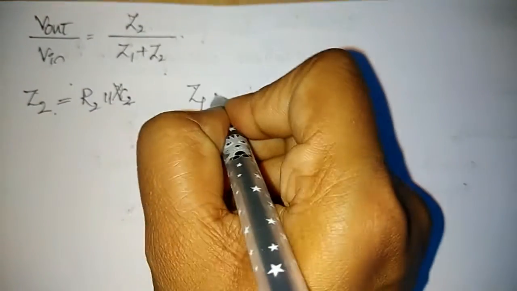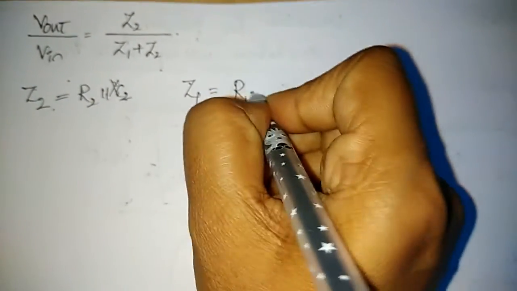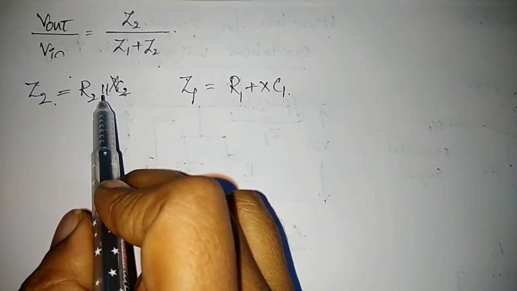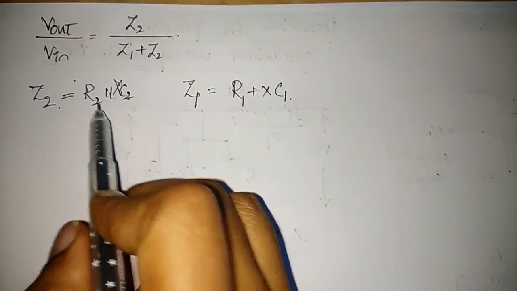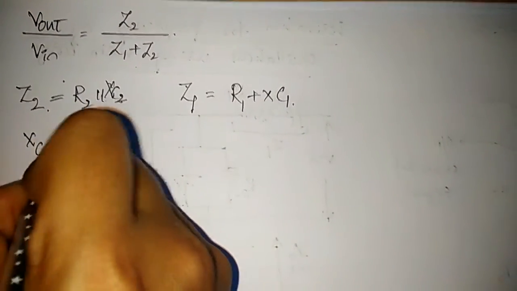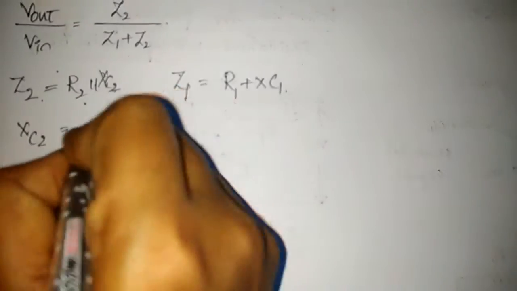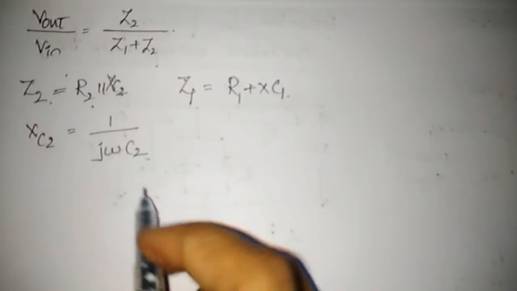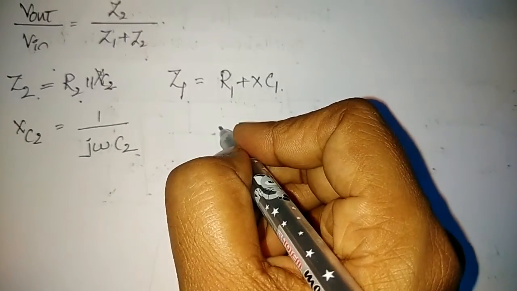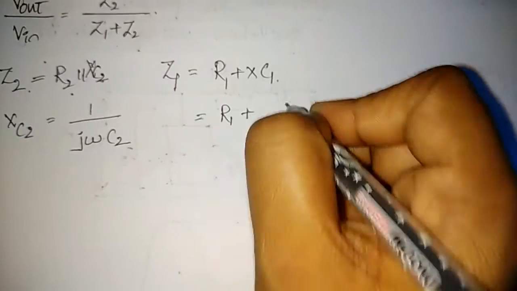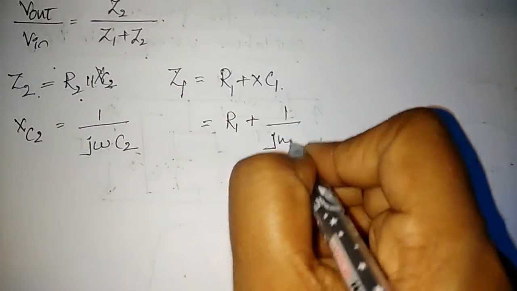So Z1 is R1 plus XC1, and Z2 is XC2 in parallel with R2, where XC2 is equal to 1 divided by j omega C2, and XC1 is 1 divided by j omega C1.